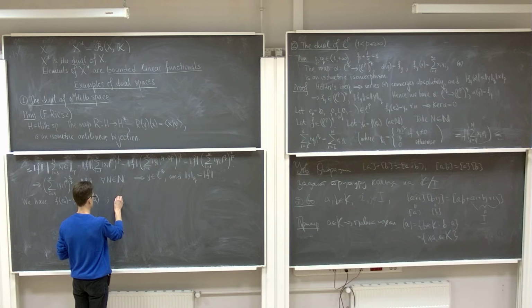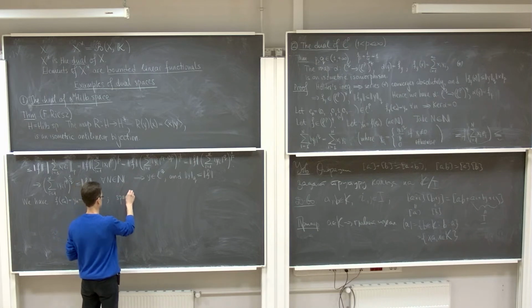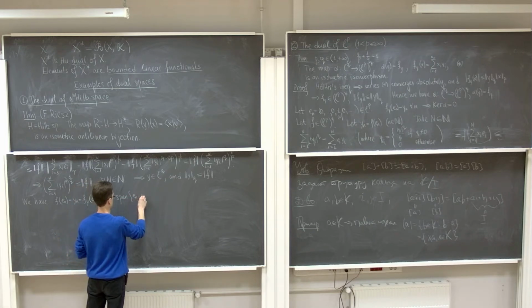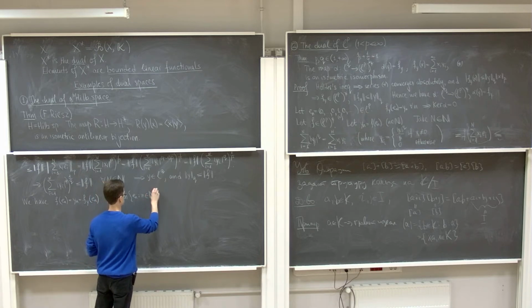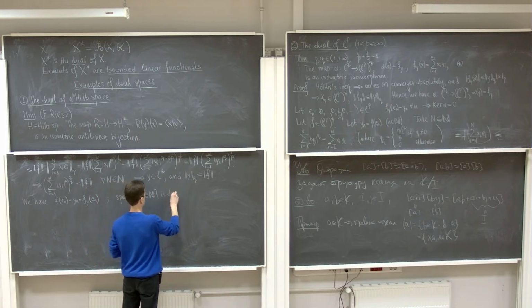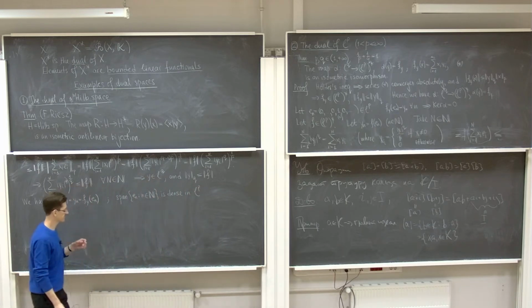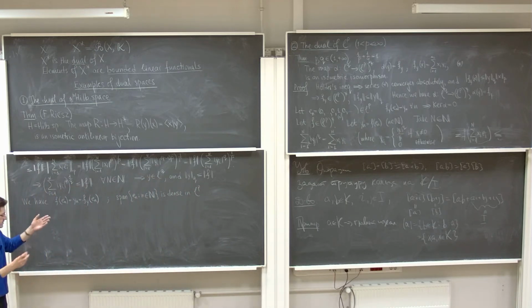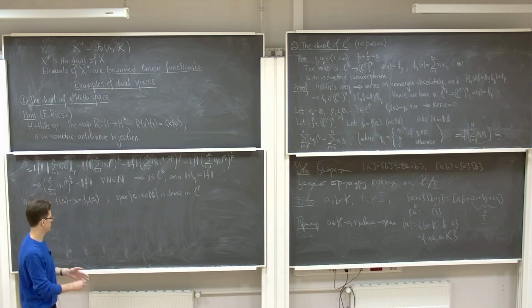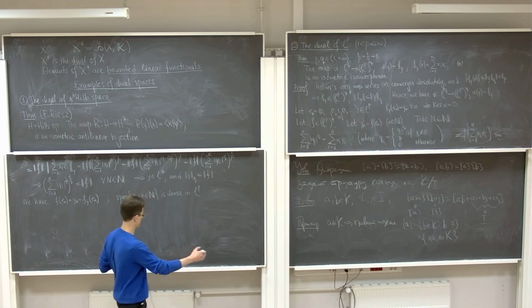But now we observe that the linear span of all these elements en is dense in LP. If you have an arbitrary sequence in LP, we can just consider some truncation.